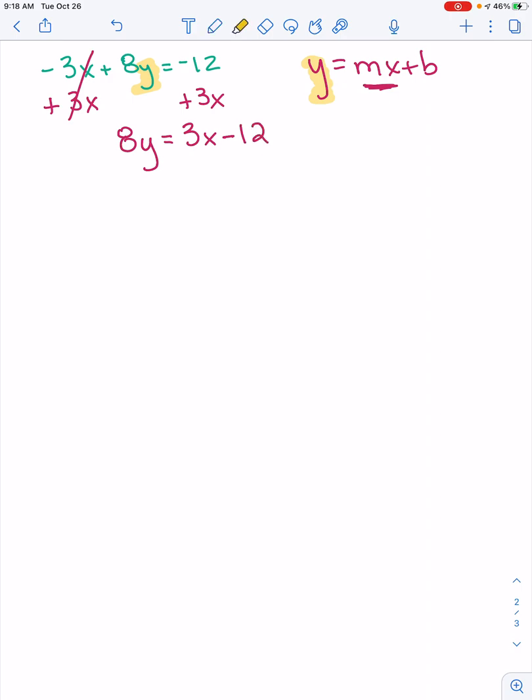Now again, we're focusing on getting this y by itself. Right now, 8 is being multiplied by y, so I'm going to divide all 3 parts by 8 in my equation. 8 divided by 8 makes 1, so we have 1y, or just y, left. We have 3 divided by 8x, or 3/8 x.